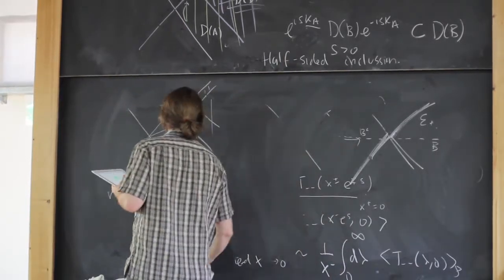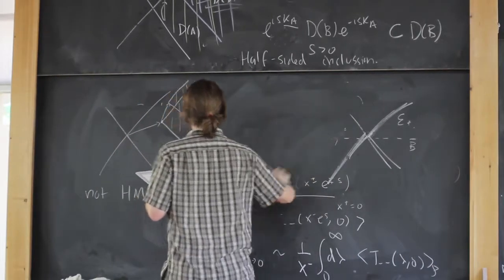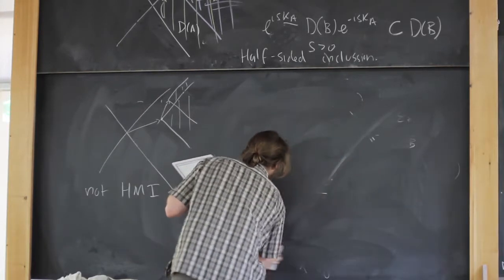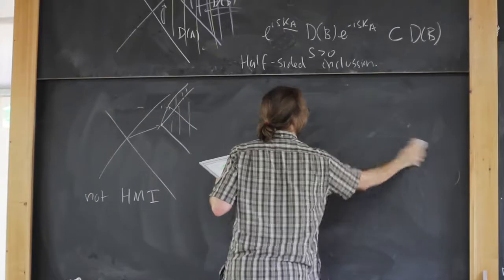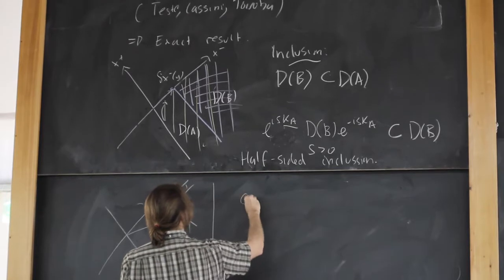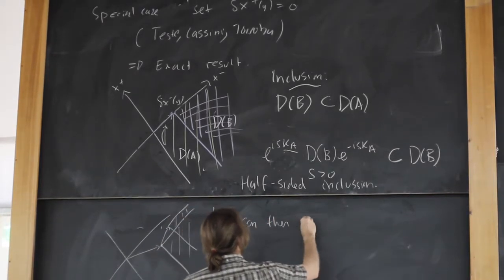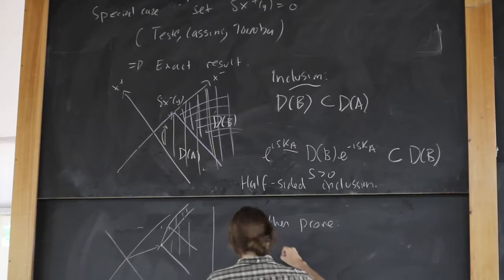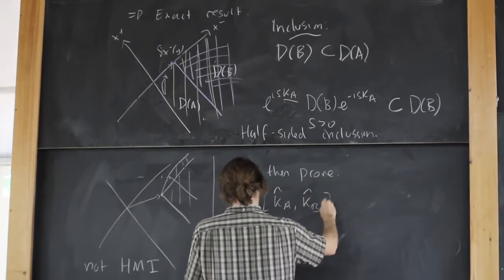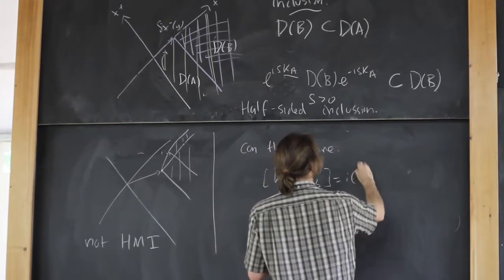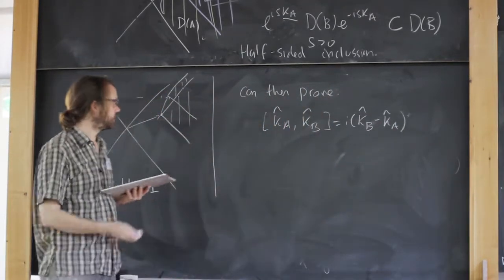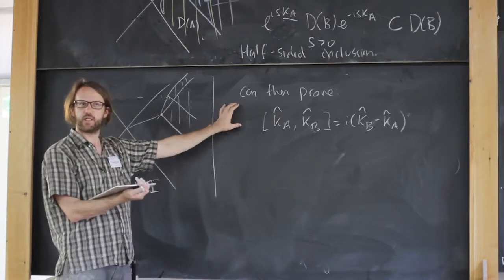But it turns out that this is a sufficient condition to prove that the modular Hamiltonians of the vacuum case satisfies an algebra. So we can then prove [K_A, K_B] = i K_B. Okay. So some intuition behind this algebra.